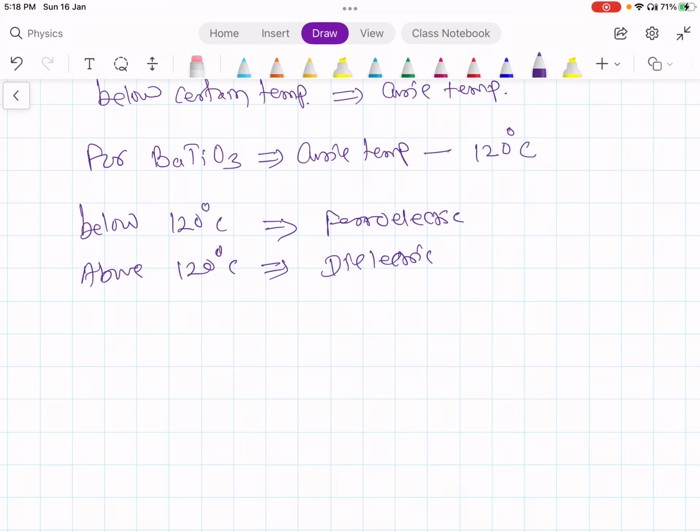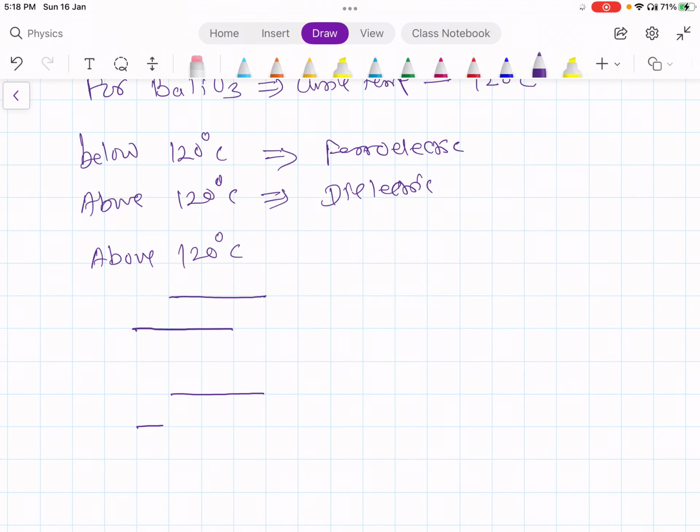So I am going to draw above 120. Above 120 degrees Celsius, it is observed that it has a cubic structure. This is the unit cell above 120 degrees.